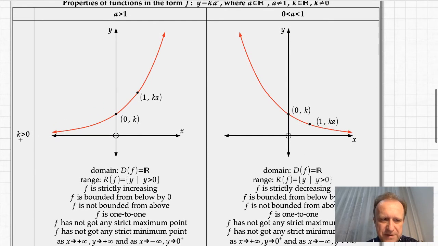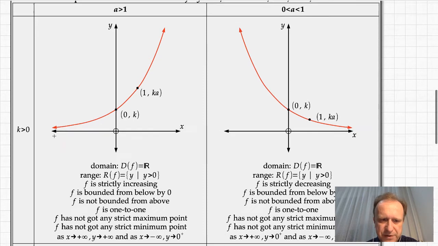So if k is positive, you can see yourself that the function has the domain of all real numbers. The range is all positive numbers, so the numbers y which are greater than 0. It's strictly increasing, bounded from below by 0, not bounded from above.